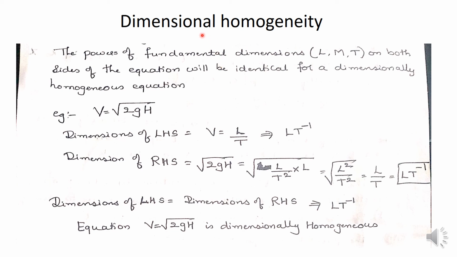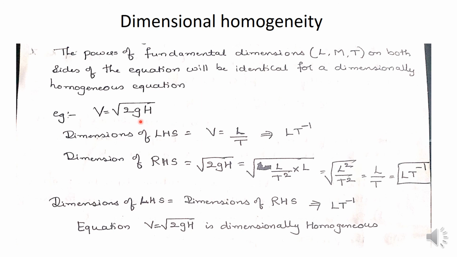Dimensional homogeneity means the dimensions of each term on both sides of an equation, that is on the LHS and RHS of the equation, should be equal. Thus, if the dimensions of each term on both sides of an equation are the same, then it is known as a dimensionally homogeneous equation.